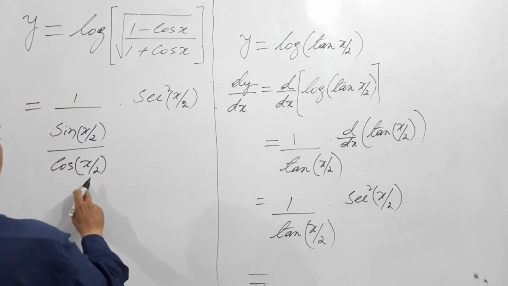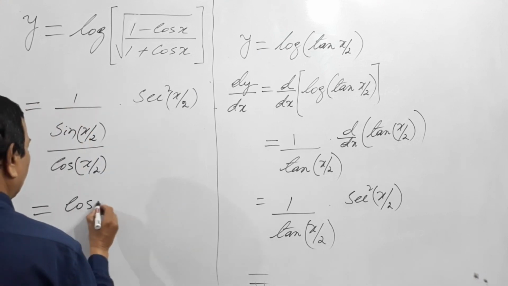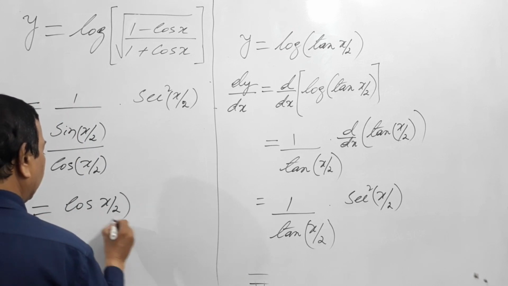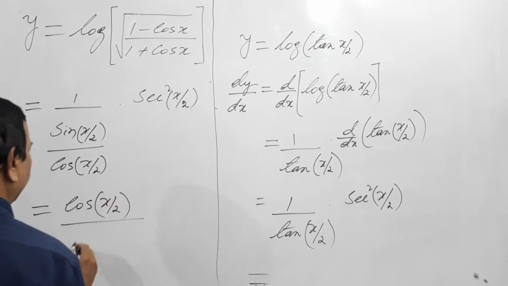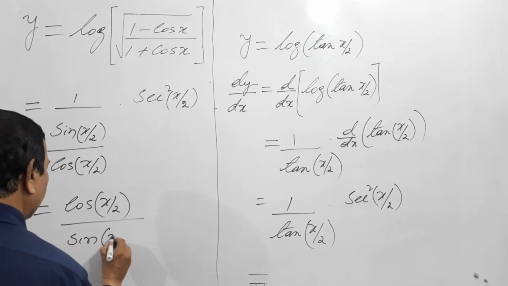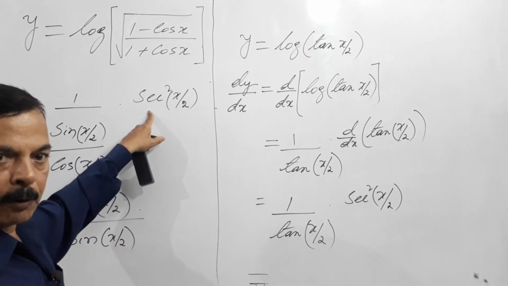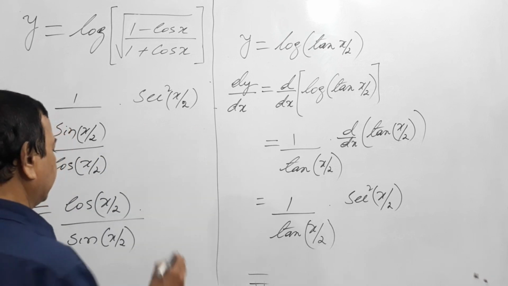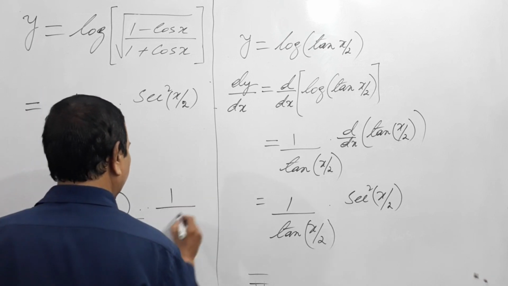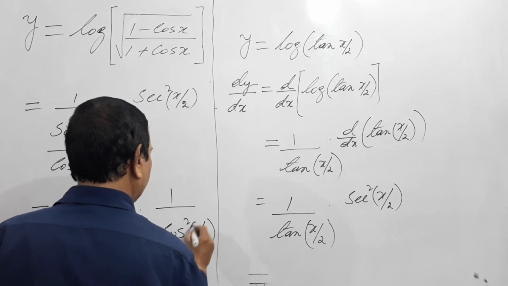So cos goes to the numerator, and sin remains in the denominator, into secant square, whose reciprocal is 1 by cos square x by 2.